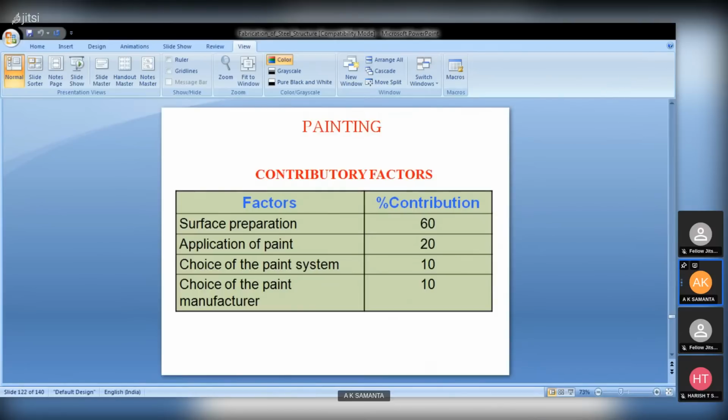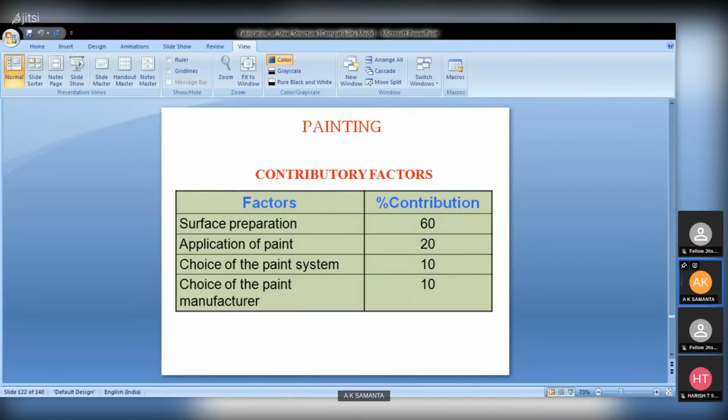During painting, what happens? The surfaces are normally not clean, because in our Indian culture, the cost of painting is calculated based on the area, that is square meter, how much I have painted. So once it is painted, our bill is passed, we get the money for that painting.